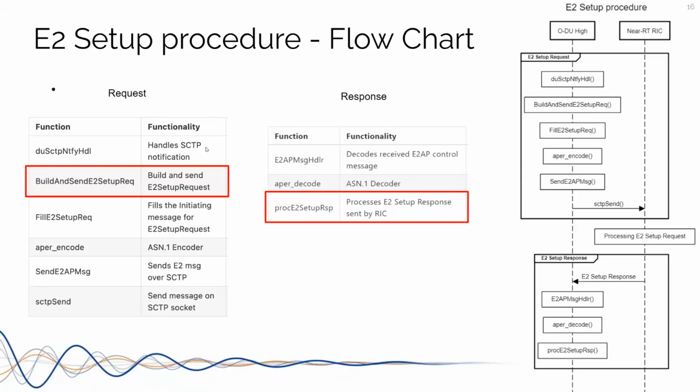Every function has its main role, like handler, encoder, decoder, filling data, or sending data. Today we only focus on some important functions I consider. They are already in the reference.